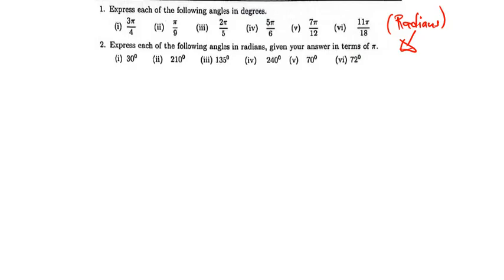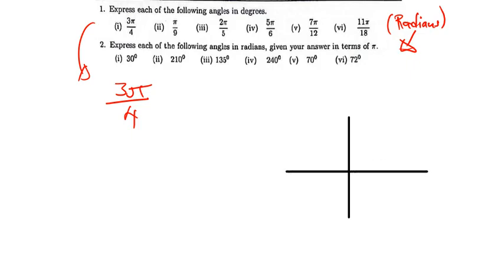How do we handle these simple questions? For the first one, there are two ways. 3 pi over 4. If I give you the quadrants, that's 0, that's 90, this is 180.